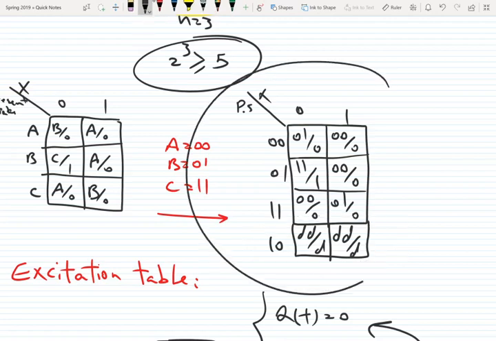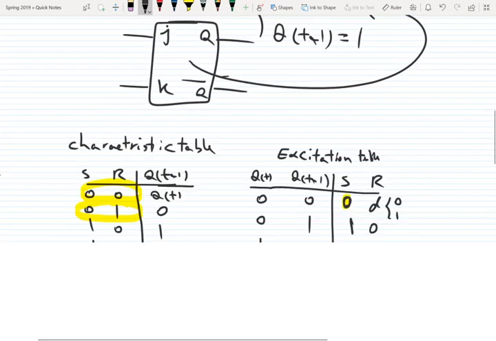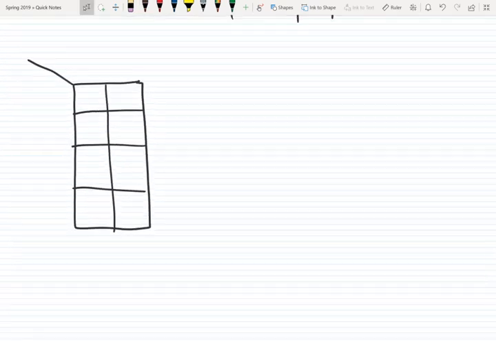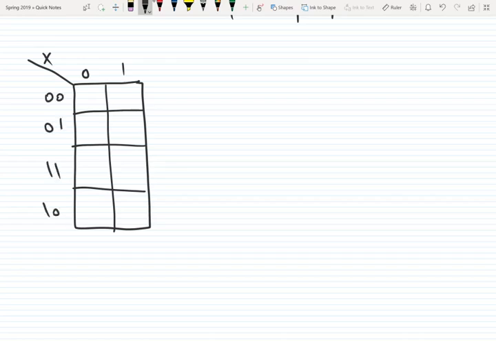So let's just copy this table in here. X0, X1, 0, 0, 0, 1, 1, 1, 1, 0, 0, 1, 0, 0, 0, 0, 1, 1, 1.